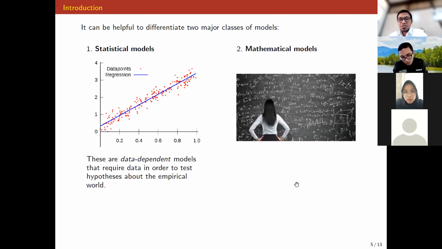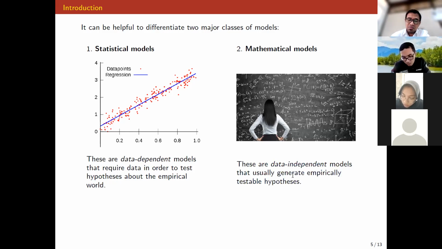And the second one is mathematical models. This model does not depend on the data, so it is called a data independent model. It usually generates an empirically testable hypothesis. So this is quite different.